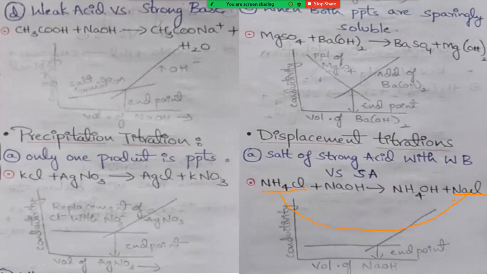That is the reason the initial part is a plateau. The conductivity values stay the same because the ions are simply displacing each other, so the mobility is the same for the products as for the reactants. That's why the graph shows a plateau.